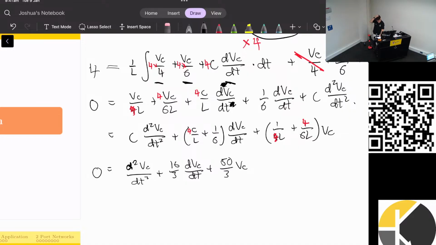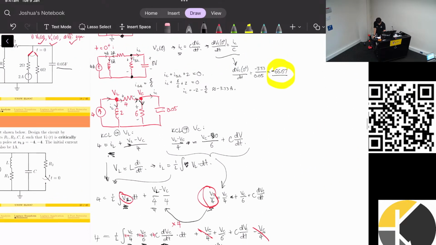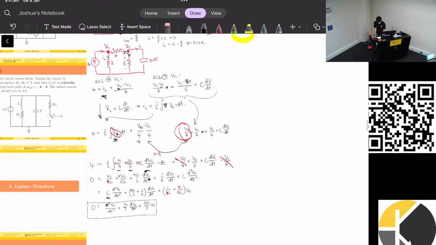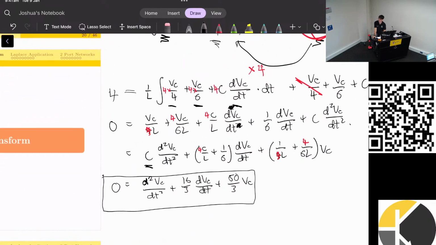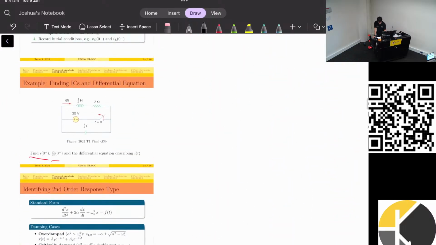I skipped a step, but essentially I just divided by that C to get this final one. Cool, so that is a relatively hard problem for getting the differential equation. But we got there, so we'll move on.